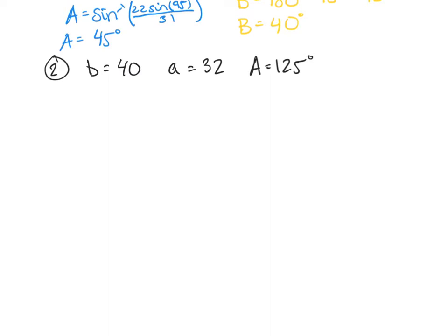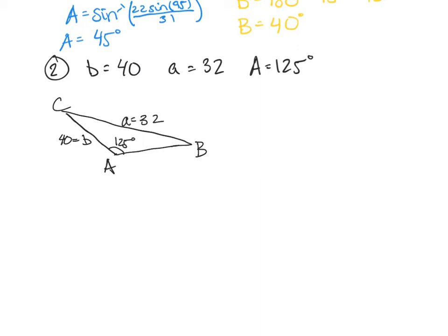Now when I draw this triangle, some of these you'll notice I'm trying to draw to scale, some of them I'm not. I'm just showing you different situations that you might see. So if we call this A, B, C, we know that a is 32, that b is 40, that A is 125 degrees.